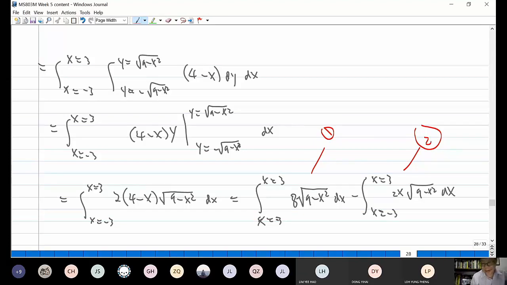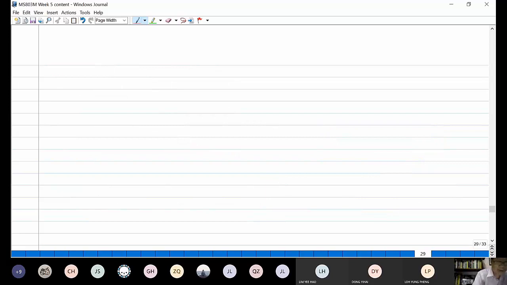I think it's easier to understand the second one first. Why is it like that? Okay, second one, I want to do this integral: x from -3 to 3 of 2x square root of 9 minus x squared.